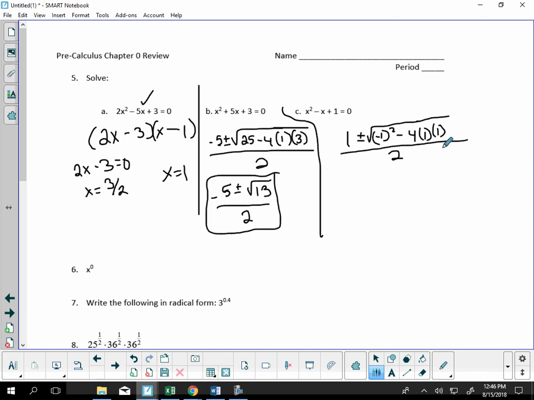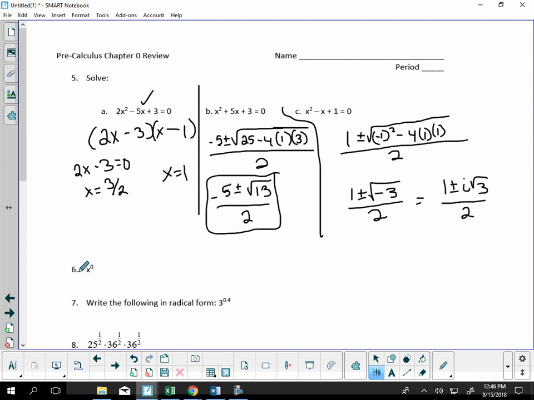Well, that's going to be 1 minus 4, which means -3. I don't want to leave a negative underneath the radical, so that'd be 1 plus or minus i radical 3 all over 2.